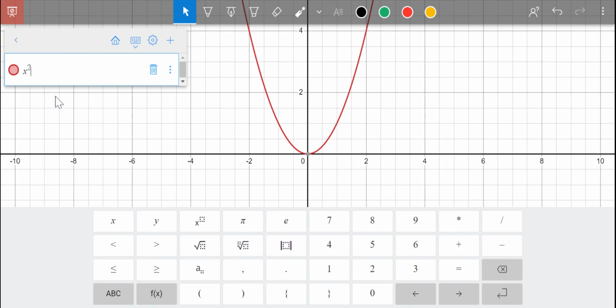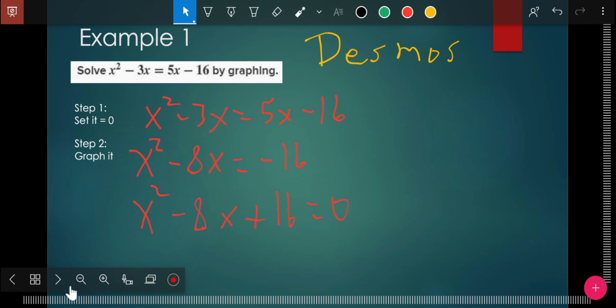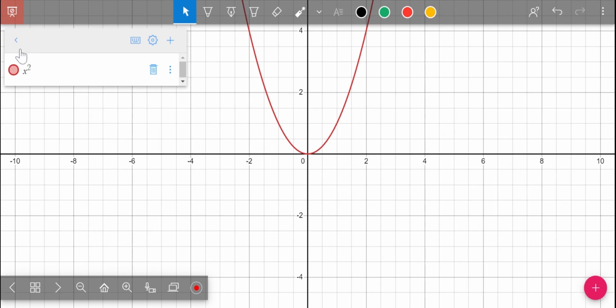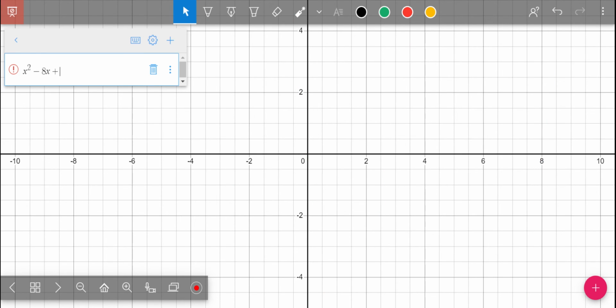Just making sure I had the equation right: x squared minus 8x plus 16. And I type it in, and lo and behold, it shows me right here.